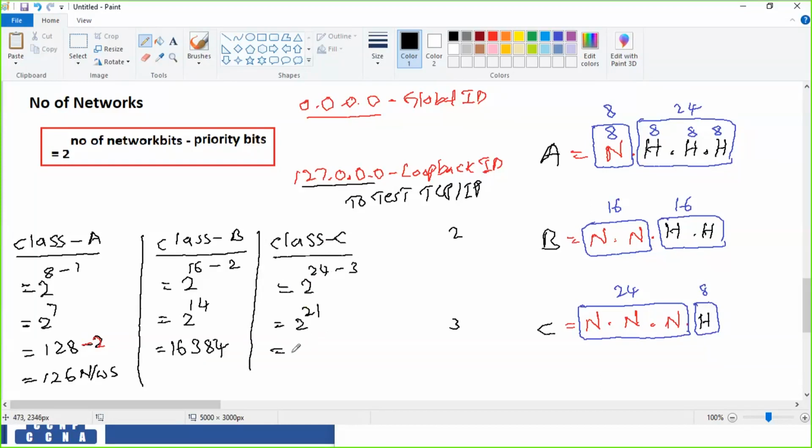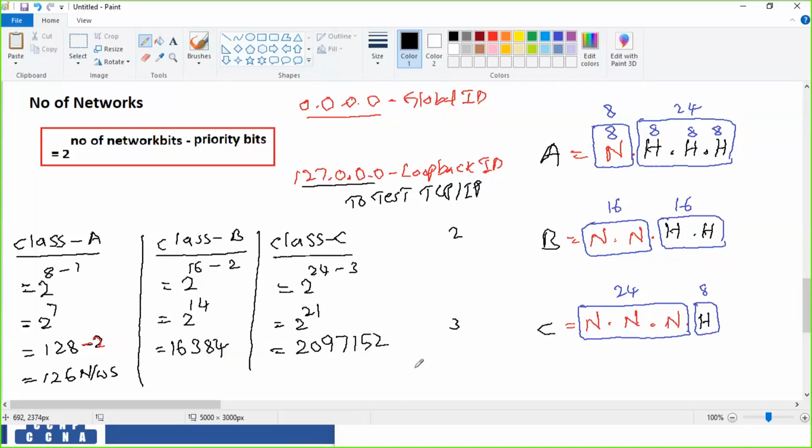Value please? 2,097,152. So these many networks are available in class C. Thank you, Aishwarya. So now we have a clear idea about how many networks there are in A, B and C: in class A 126 networks, in class B this many, in class C this many.